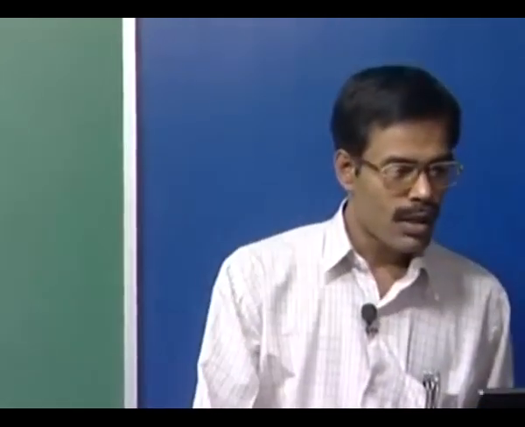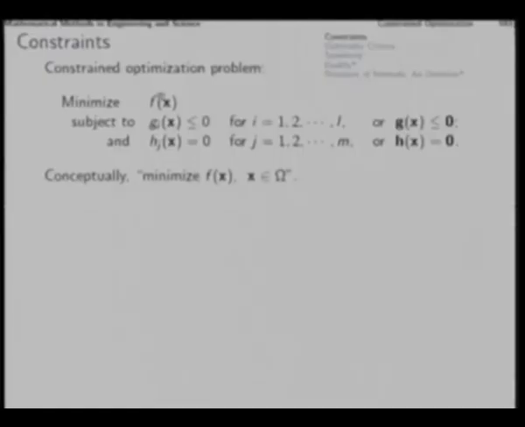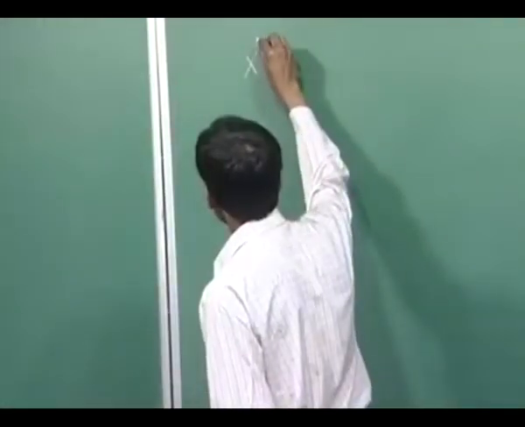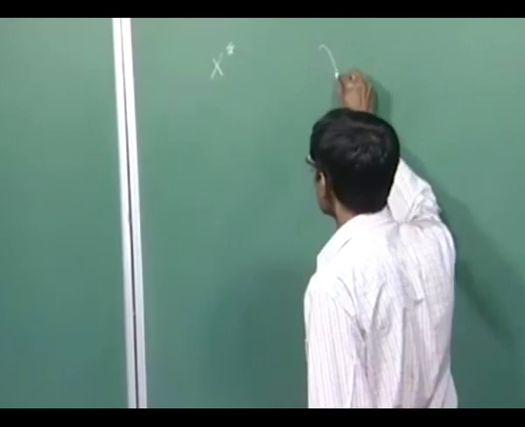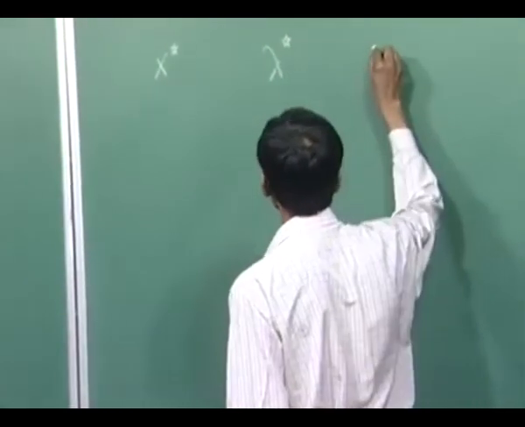First, for discussion on duality, let us consider this general nonlinear optimization problem, in which we want to minimize the function f with constraints g(x) less than or equal to 0 and h(x) equal to 0. Suppose we get a solution of this problem, and that solution is x star corresponding to Lagrange multipliers, which are lambda star and mu star.